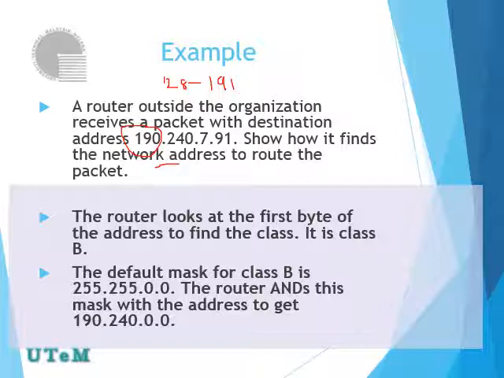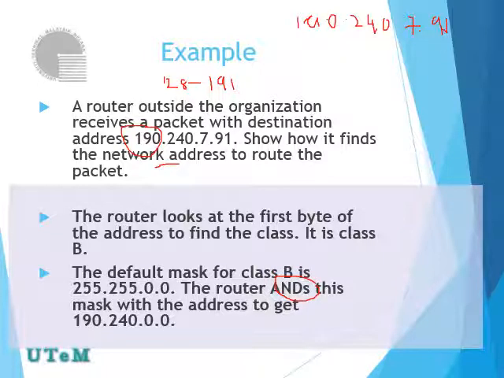Okay, 190.214.7.91. You use the AND operation. The router will use the AND operation with the default mask.